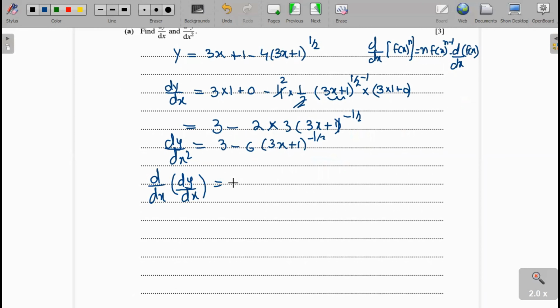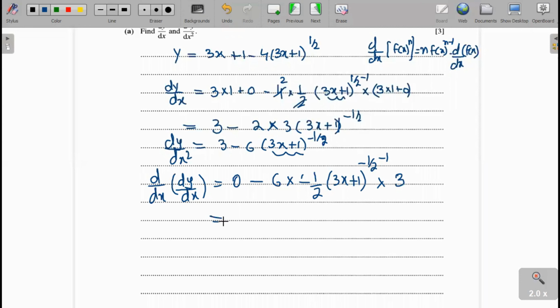The derivative of 3 with respect to x is 0, minus 6 into the power of this expression becomes the coefficient minus 1 over 2 into (3x plus 1) power minus 1 over 2 minus 1, and the derivative of this value again. We take the derivative of 3x, which is 3 plus 0, that is 3.